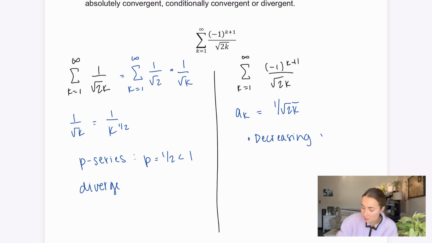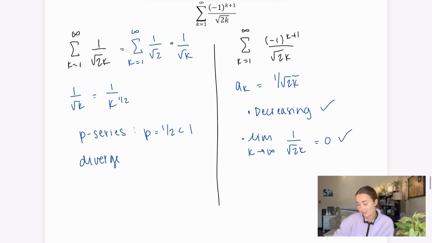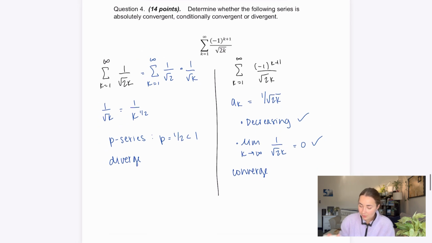We know this is decreasing because the k is in the denominator, so it's going to get smaller and smaller. The other thing we want is the limit as k approaches infinity of our term goes to 0, which does indeed go to 0. Since both of these are satisfied, we know that this is going to converge by the alternating series test.